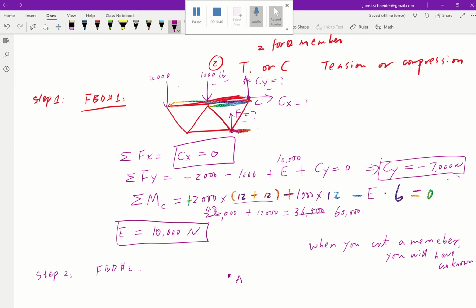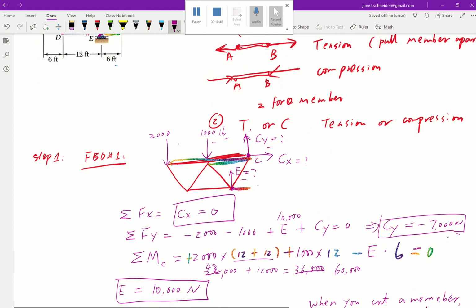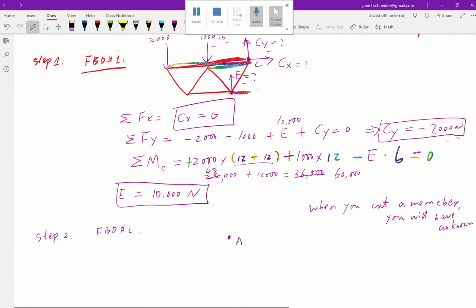It means joint A is going to have an unknown of AB, going to be this AB. We do not know what direction it's going to be. If we assume this member AB is going to be pushing on joint A, or maybe pulling away, it doesn't matter.